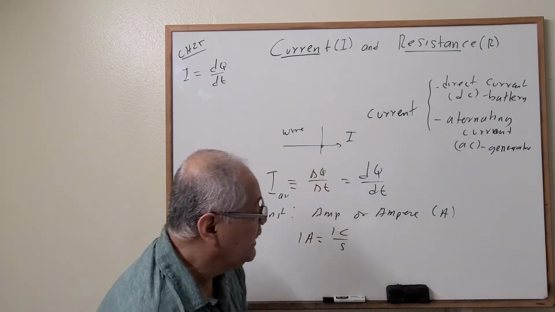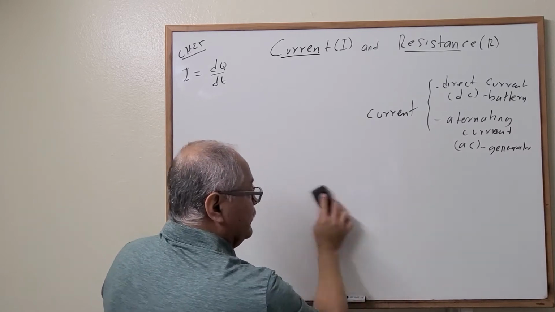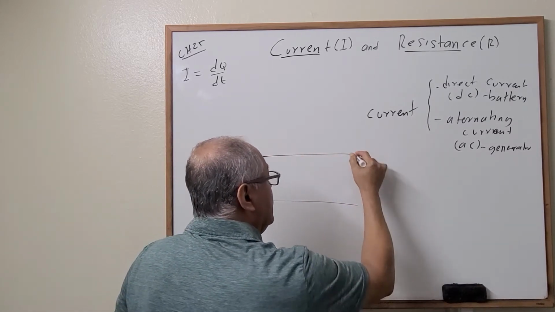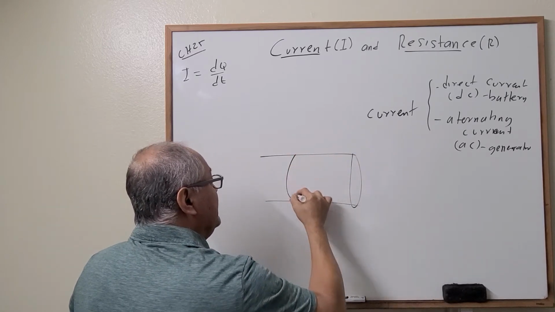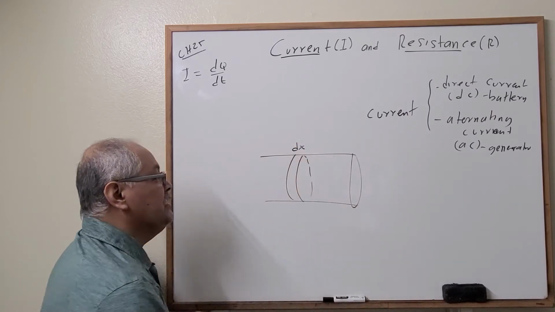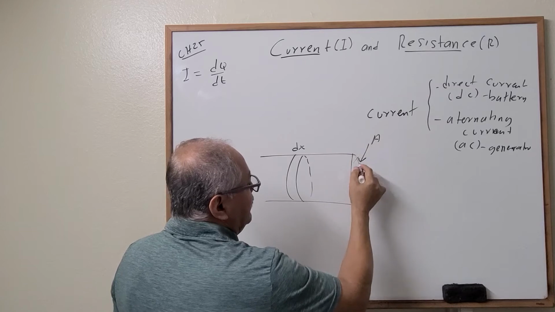Okay, perfect. Now, when we have a wire, imagine this is the wire right here. Take into account this small section dx, and this is the area. Imagine that's the cross-section area.